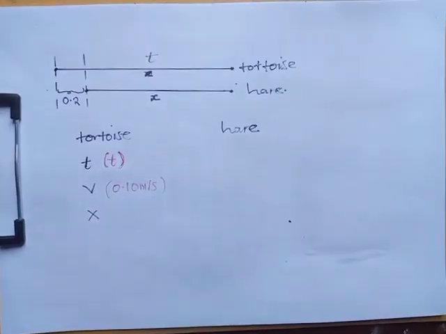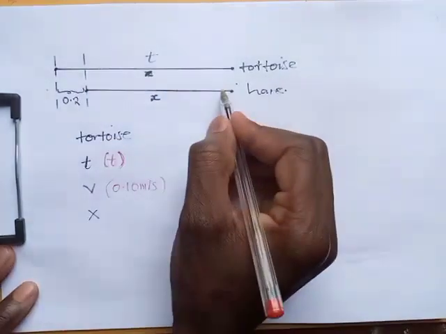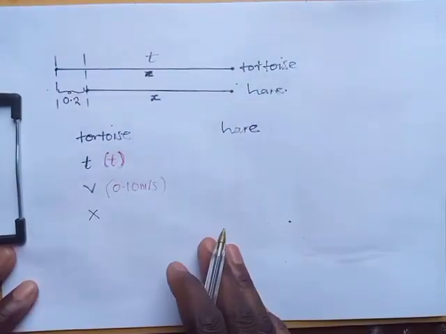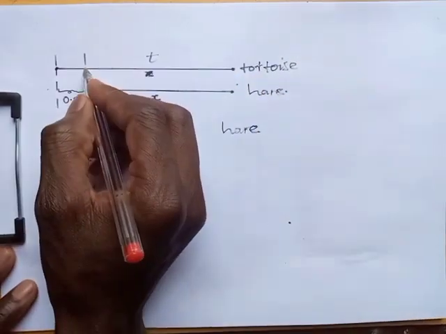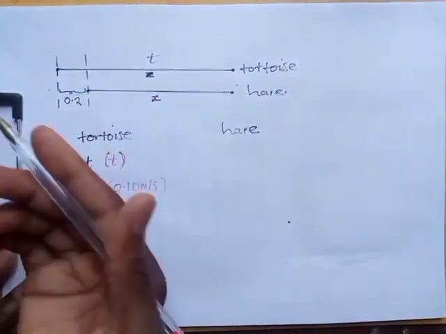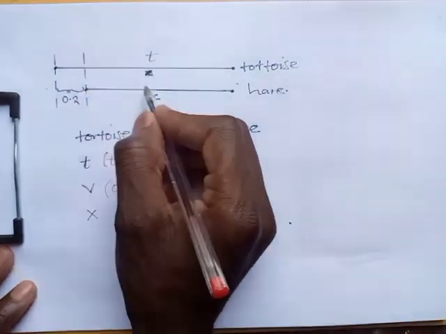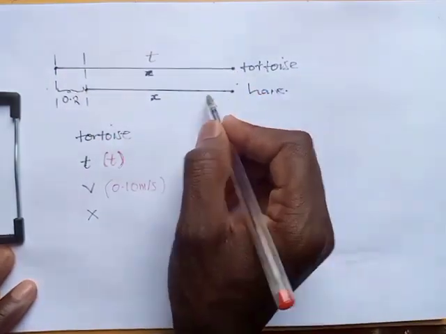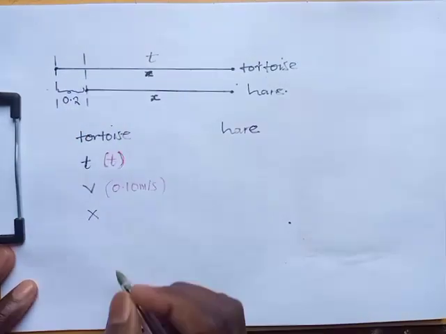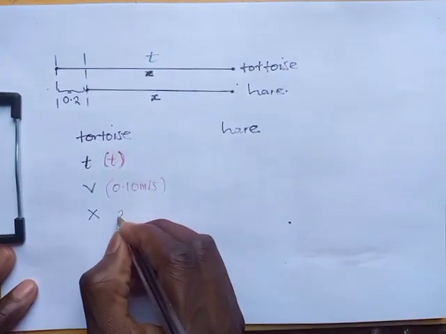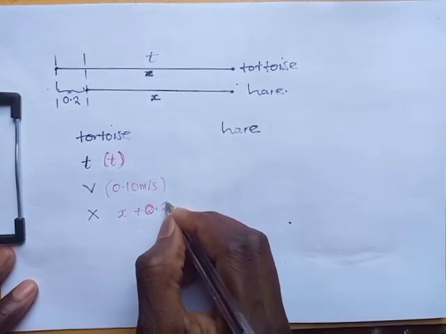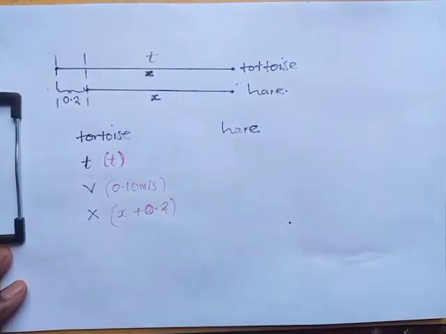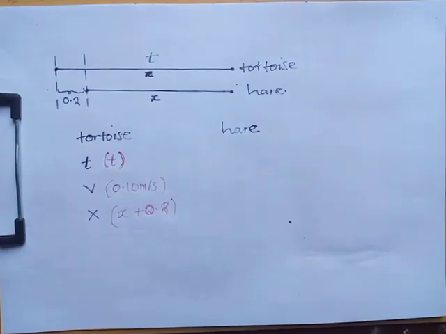For the distance, the only one that completed the full race is the hare. Since the tortoise had won and then went beyond, I'll say x, which was covered already, plus the distance ahead, so x plus 0.2. This was the distance that the tortoise had covered.